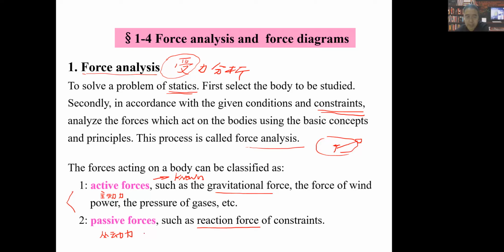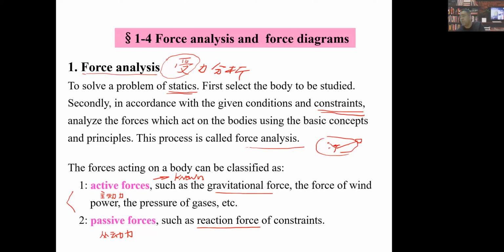Its direction and magnitude are totally up to the active forces. I hope you guys can understand. If the donkey stays in the interior of this circle, then this tension force of the rope will be zero, right? So that means the reaction force of constraint, of all the passive forces, its magnitude and its direction are totally up to active forces. So before we do the force analysis, you guys should know this.